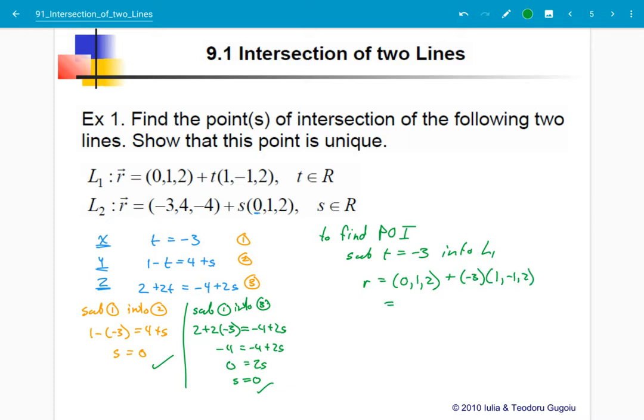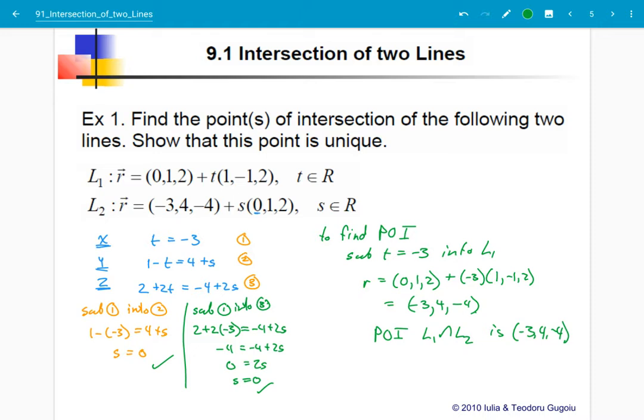So I get negative 3, 4, and negative 4. So the POI, the intersection of line 1 to line 2, is negative 3, 4, and negative 4. As soon as I know there's a POI, I can describe a geometry.